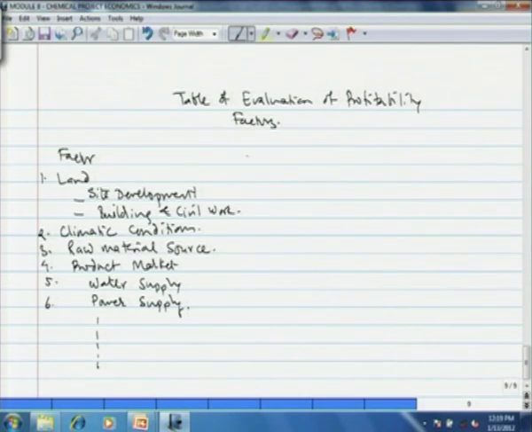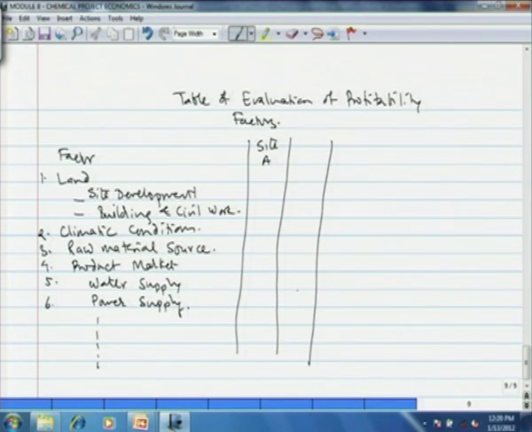Okay. And then we list different sites, the base case site, site A, and then we list only the differential cost for any of these factors for other sites. For example, site B has already a well established land where we do not have to go for any demolition of hill or something.